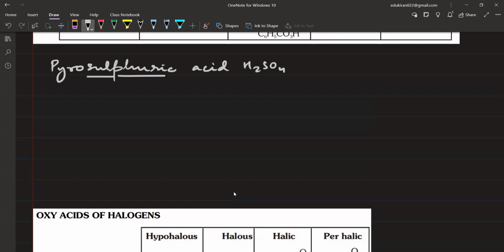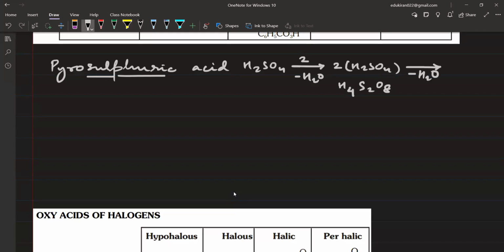What you need to do to get pyro में you have to have 2 molecules of H2SO4 and then minus H2O. ठीक है, तो 2 molecule कैसे लिख सकते हैं इसको, so you'll have 2 molecules of H2SO4, यानी कि what you are having H4S2 and how many O, O8. ठीक है, अब यहाँ से आप क्या निकाल दीजिए, 2 water molecules if you are going to remove, oh sorry, 1 water molecule, then 2 हाइड्रोजन और 1 ऑक्सीजन निकालना. वो 2 हाइड्रोजन, that means you are going to have H2S2 और 1 ऑक्सीजन O7. H2S2O7, this is going to be your pyrosulfuric acid.